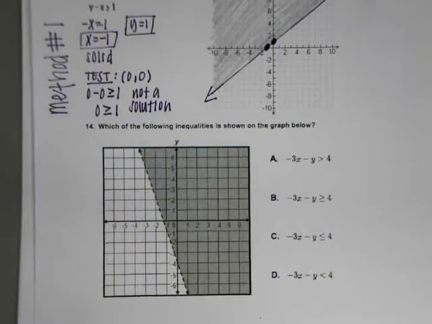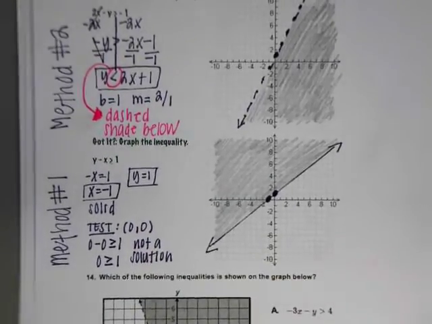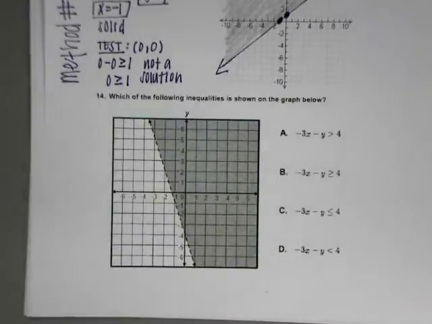Okay, and then you have the other option for doing this. If it's not in y equals mx plus b form, then we went over how to do that, okay? So now I want you guys to go through and try to figure out that one.